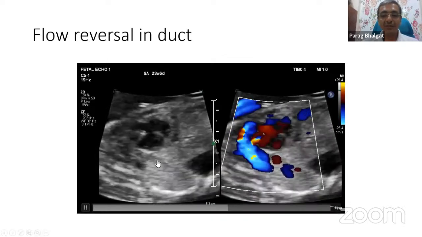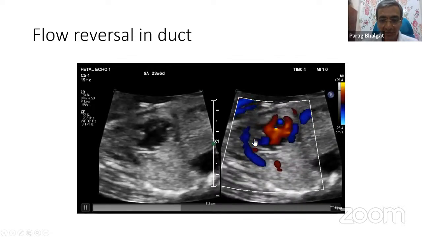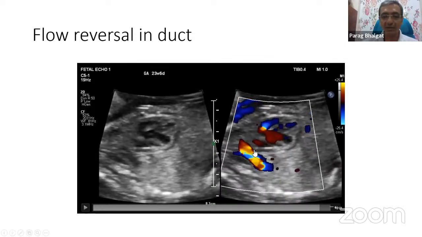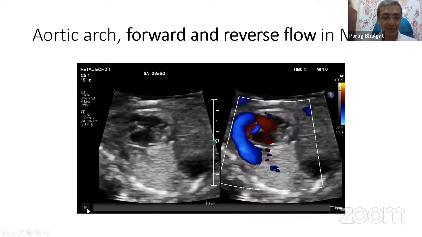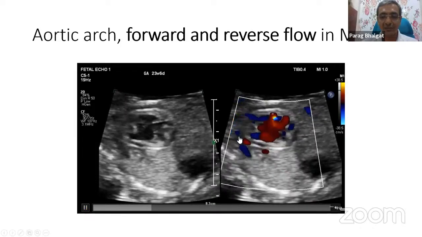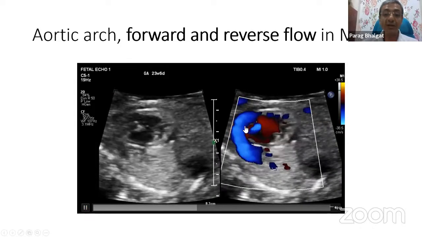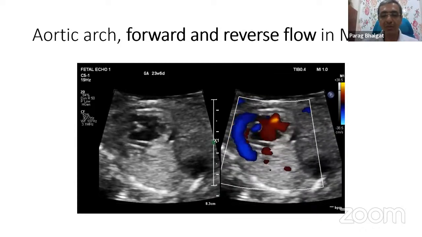The important thing is that there is an aortic arch and there is flow reversal in the duct. This red flow that we can see is flow reversal in the duct. See this again. It's forward flow and flow reversal, so both are there. It's a little unusual to see both, but flow reversal means the situation is critical.